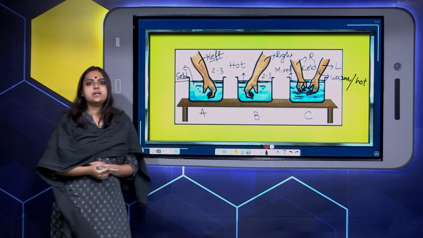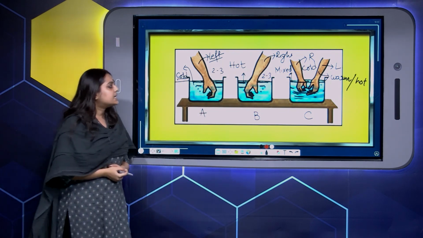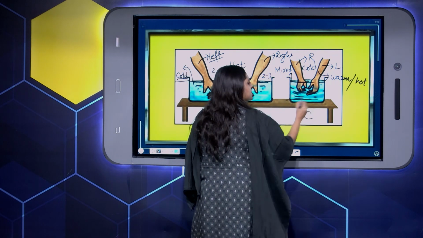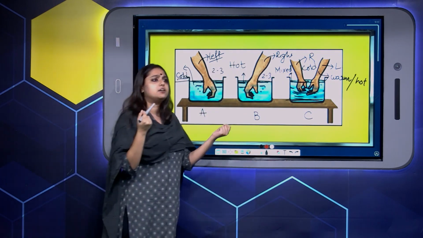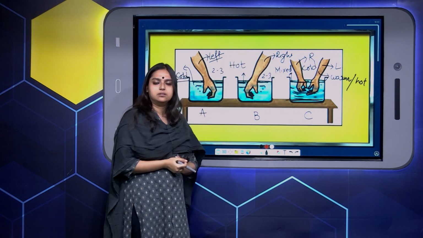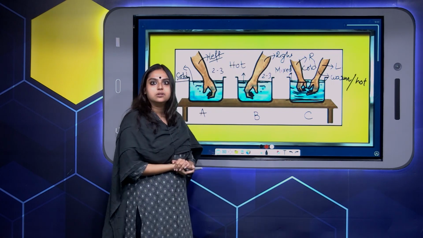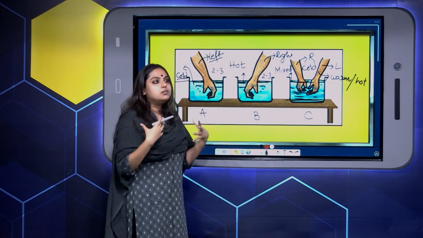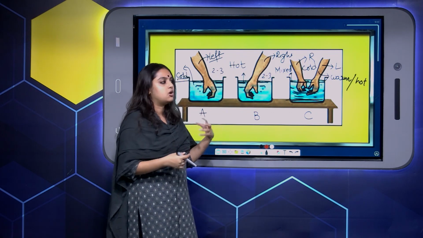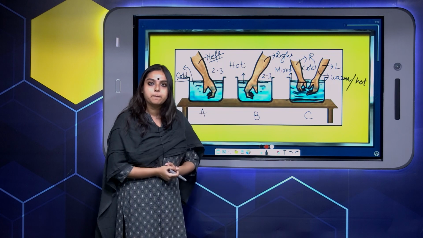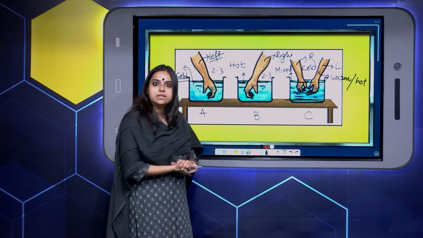Now you will be amazed to find that it is the same water, but two hands are feeling differently. Why is it so? So, we are not getting a correct measurement of hotness or coldness. So what can be done?